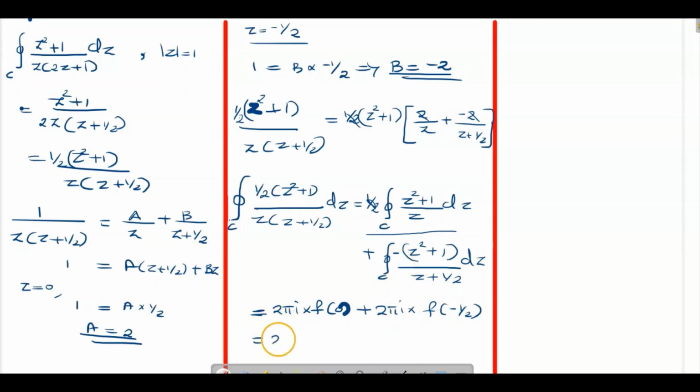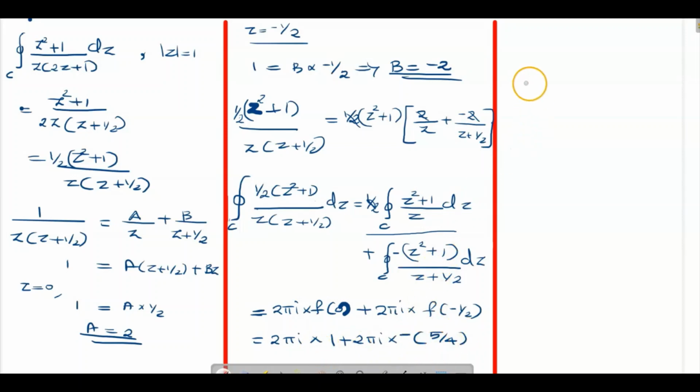Now what we get? 2 pi I, f of 0 is 1. For this function, f of 0 is 1. And here 2 pi I into f of minus 1 by 2. There is already a minus outside. Minus 1 by 2 square is 1 by 4. 1 by 4 plus 1 is 5 by 4.